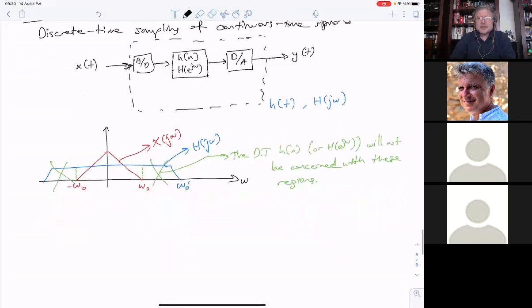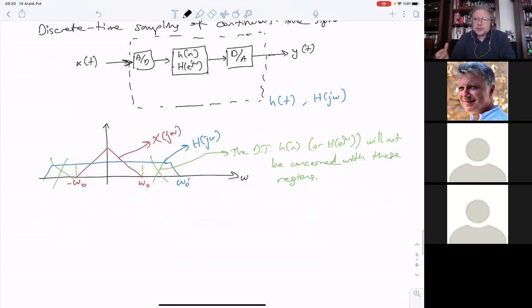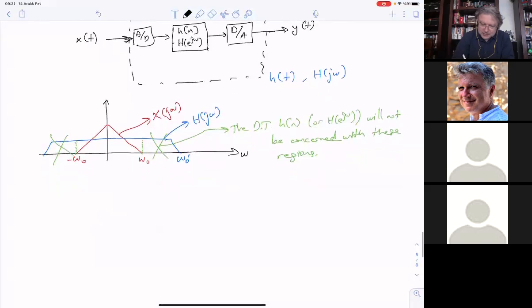Now the example that I will show you will also illustrate how to attack this kind of a problem, how to find h of n that is partially doing this h of t. It is only partially doing h of t because it's doing h of t only up to omega 0. Let me also write it.